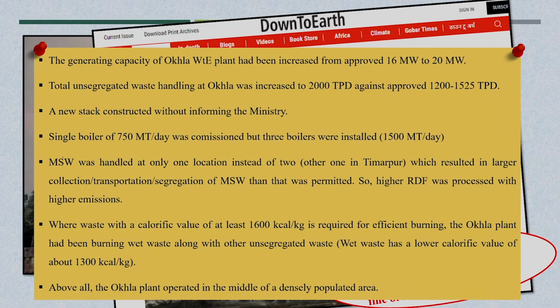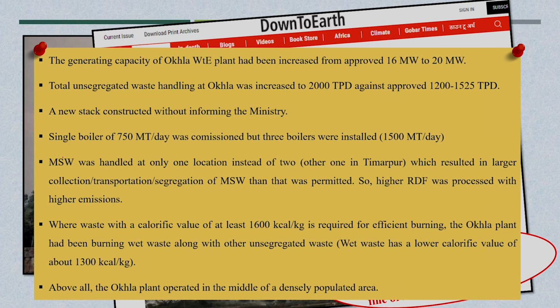So, what was the problem? The generating capacity of the Okhla waste to energy plant had been increased from the approved 16 megawatt to 20 megawatt. The idea was 16 megawatt only, but they increased the capacity to 20 megawatt. The approved waste handling was 1200 and maximum 1525 tons per day, but they increased the handling to about 2000 tons per day.